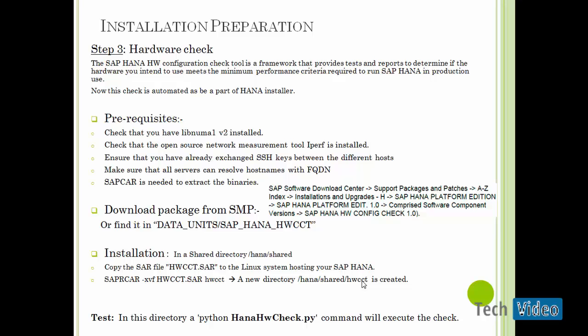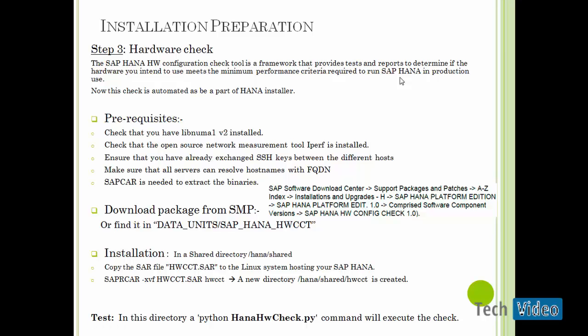Now coming to step 3, which is about the hardware check. By hardware check, again it means checking the hardware before we perform the installation. Here we check the hardware configuration using a check tool which acts as a framework that provides tests and reports to determine if the hardware we use would meet the performance criteria required for SAP HANA to run in productive use or not.